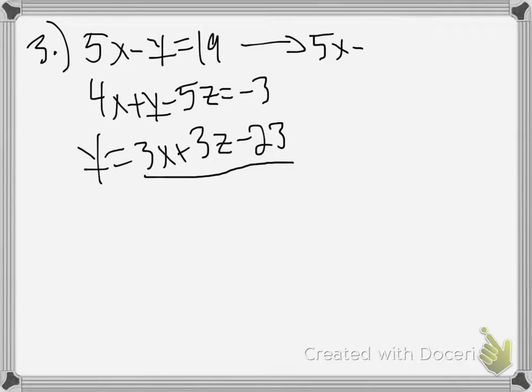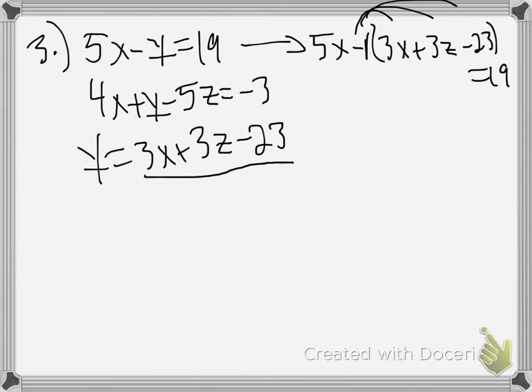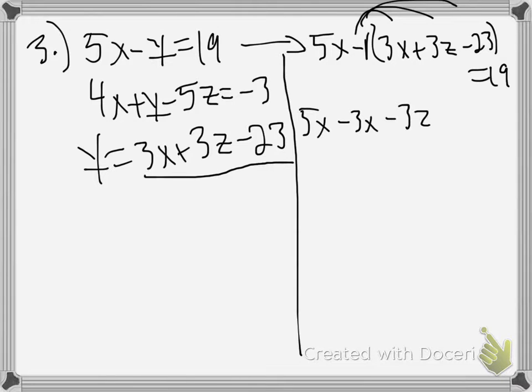5x minus, replacing y with my expression, make sure you distribute this negative all the way through. I get 5x minus 3x minus 3z plus 23 equals 19.